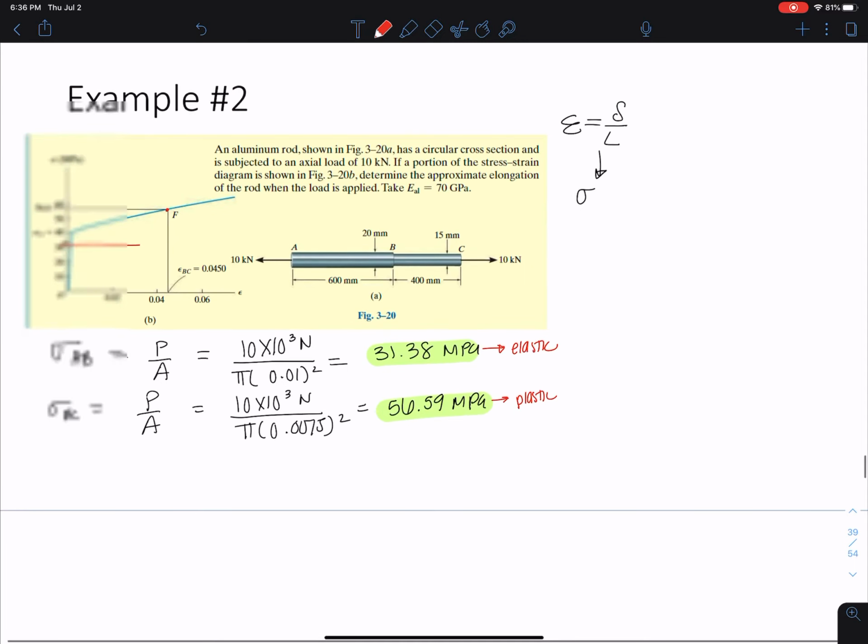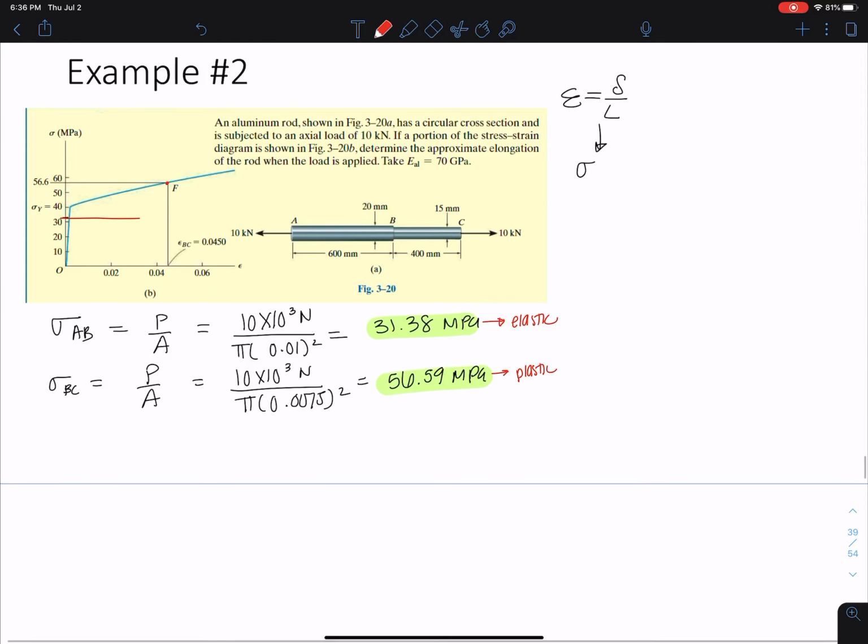It's past the linear portion. That means that here I will have no permanent deformation, and here I will have yes permanent deformation. That's after the load is removed.